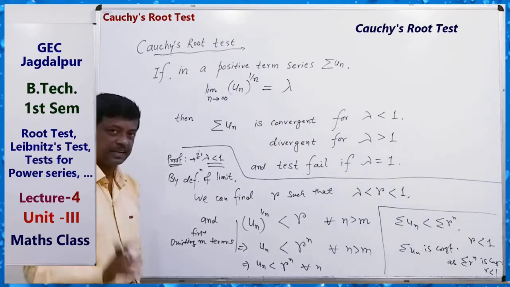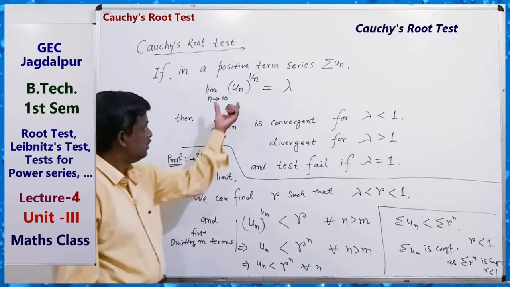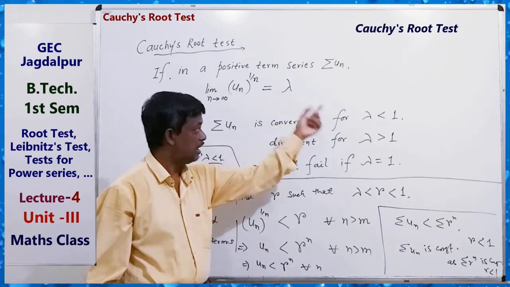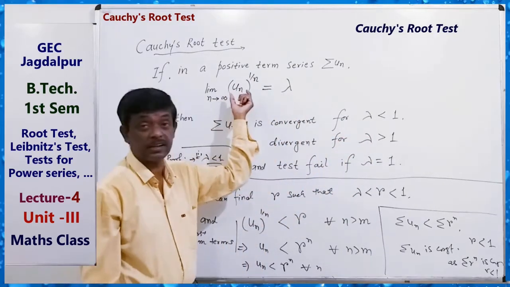Okay, and the second part: lambda is greater than 1, so this limit is greater than 1.